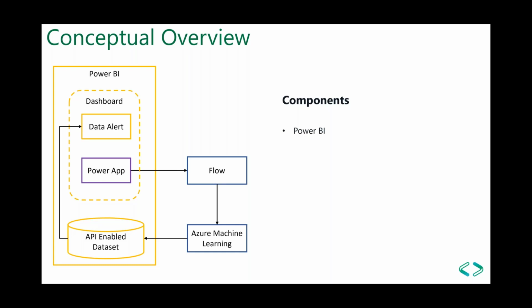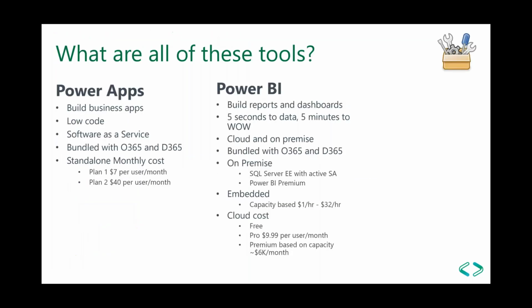I'm also going to touch on how you could, within that dashboard, create alerts to further automate the whole process if desired. So it's Power BI, Power Apps, Microsoft Flow, and the Azure Machine Learning Studio platform, and that's it. So just to talk a little bit about what these different tools are.